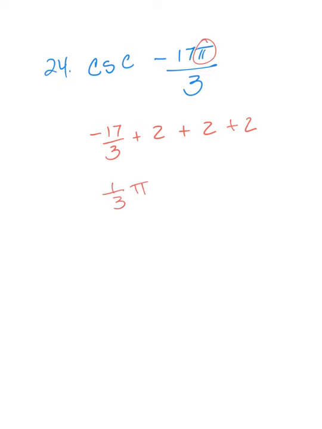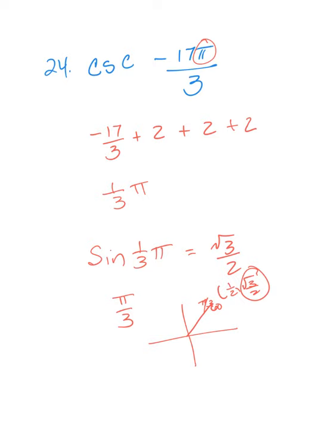Oh, I forgot about that. Who is cosecant's cousin? Sine. What is the sine of 1/3 pi? It's root 3 over 2, right? So the sine is the second guy, but I want cosecant, which is the flip of sine.